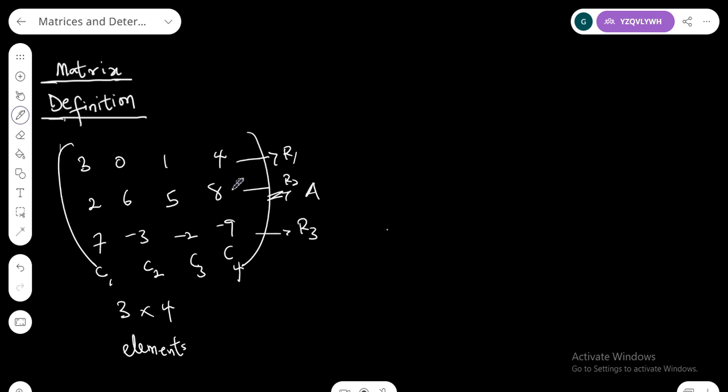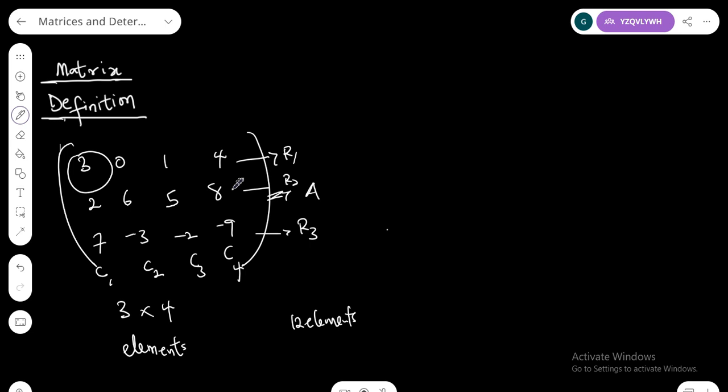So, for example, how many elements does this matrix A have? 1, 2, 3, 4, 5, 6, 7, 8, 9, 10, 11, 12. So this matrix A has 12 elements. Now, we can determine the position of each element in a matrix. For example, element 3 is in row 1 and column 1.